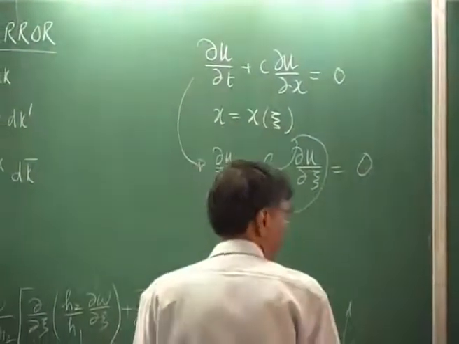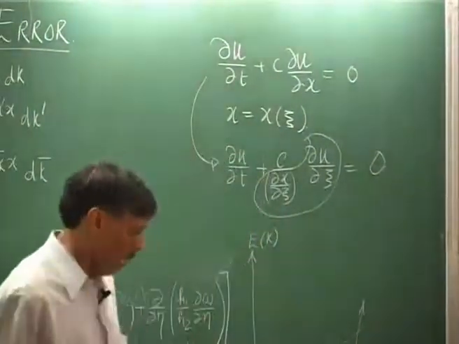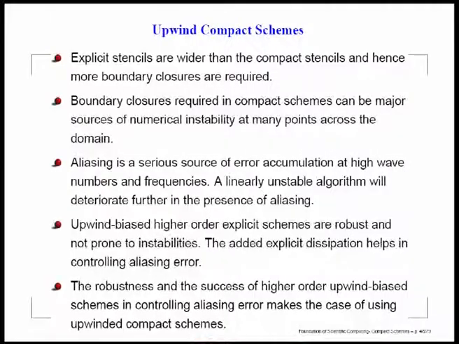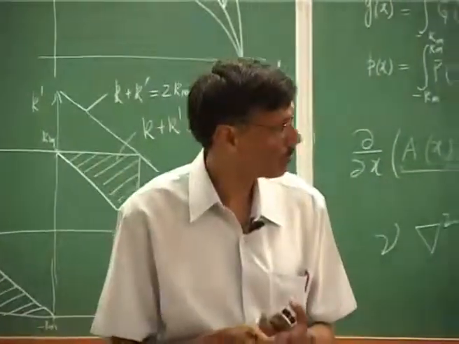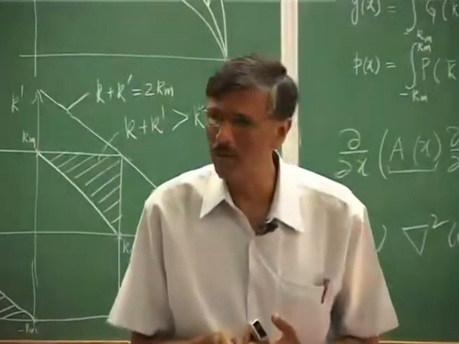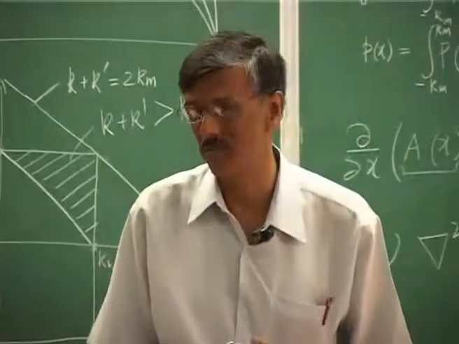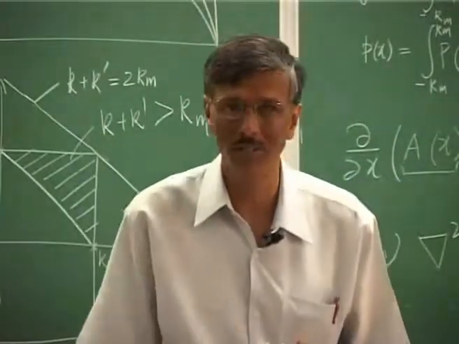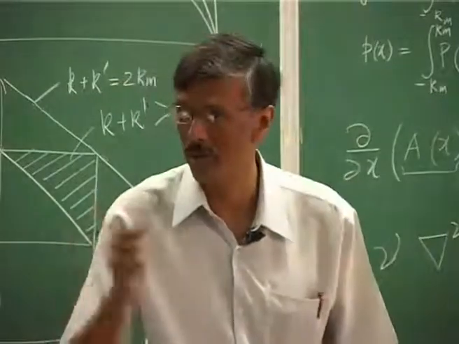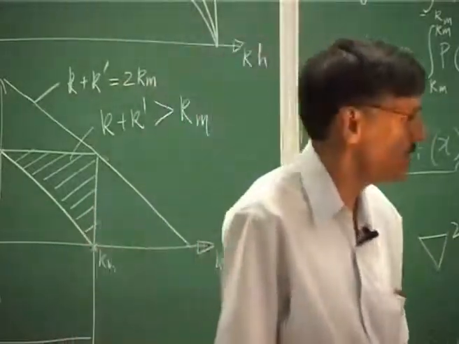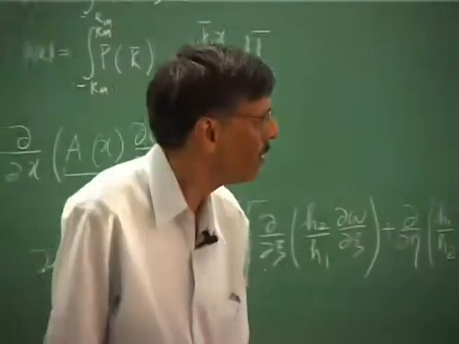Now, we have noted that when it comes to explicit methods, we can use higher order upwinding schemes, like we have talked about third order upwind schemes, right? We did work out those stencils when we were talking about discretization quite some time ago, before your first midterm.